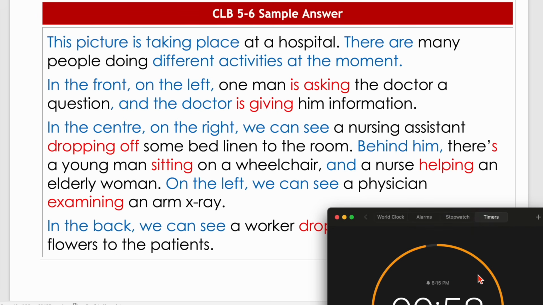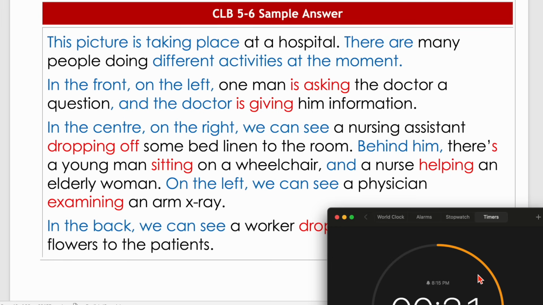This picture is taking place at a hospital. There are many people doing different activities at the moment. In the front on the left, one man is asking the doctor a question, and the doctor is giving him information. In the center on the right, we can see a nursing assistant dropping off some bed linen to the room.